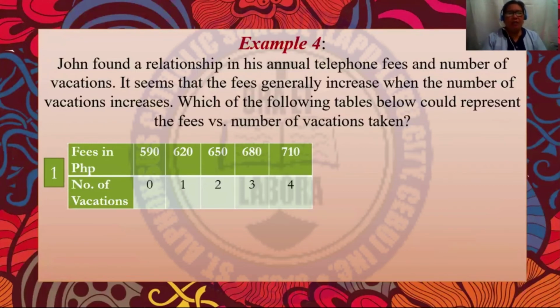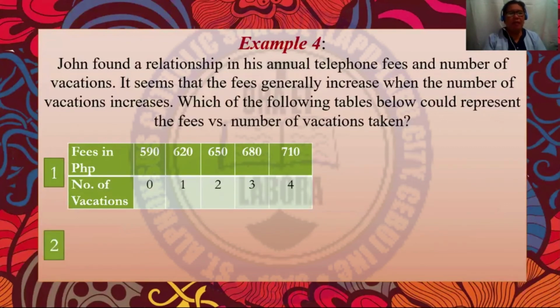For 1 number of vacation, then 620 pesos. For 2, 650 pesos. For 3, 680 pesos. And 4 for the number of vacation, 710 pesos.